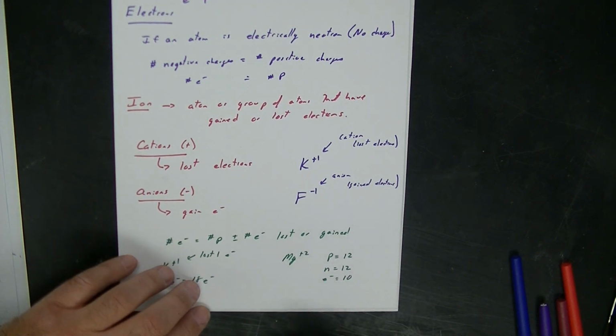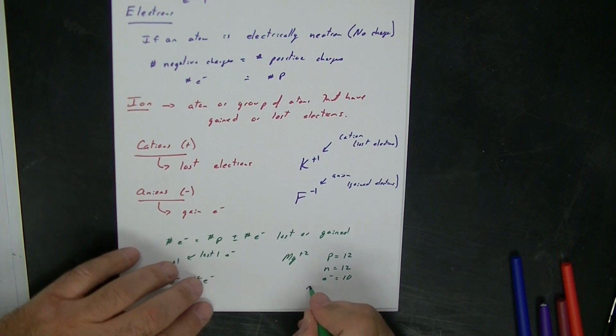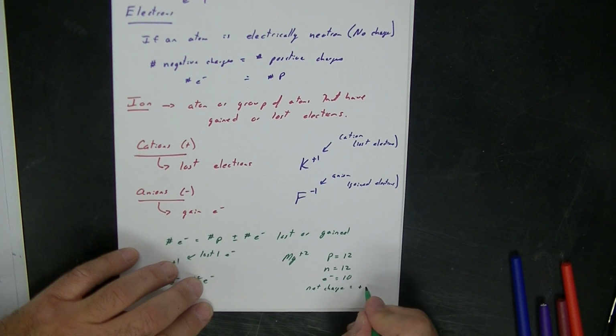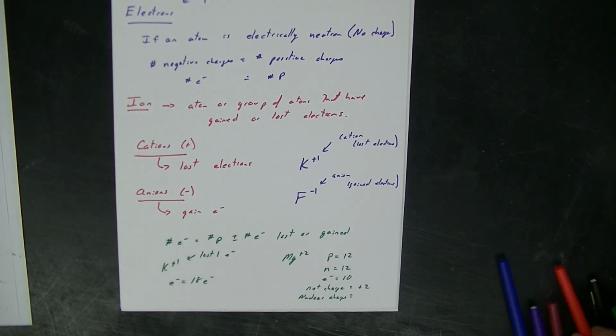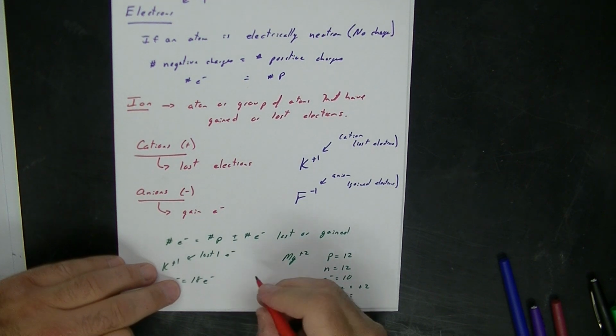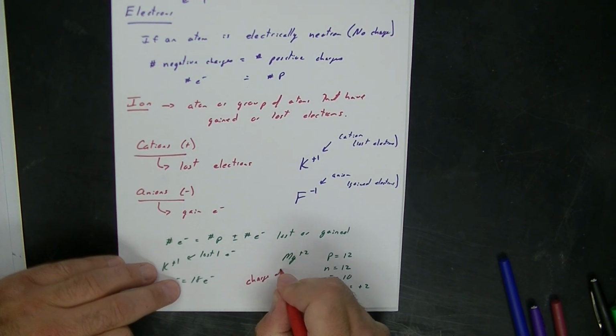Now there are a couple other things that we should include here. Net charge. If you're asked for the net charge, it's whatever the charge is of the ion, so net charge for this would be +2. Nuclear charge is the charge of the nucleus.